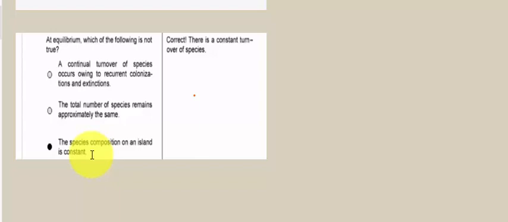So there is a constant turnover of species, not constant species composition. Okay. So here the answer is option 3. The species composition on an island is constant. That is the wrong statement. The statement is actually that there is a constant turnover of species.